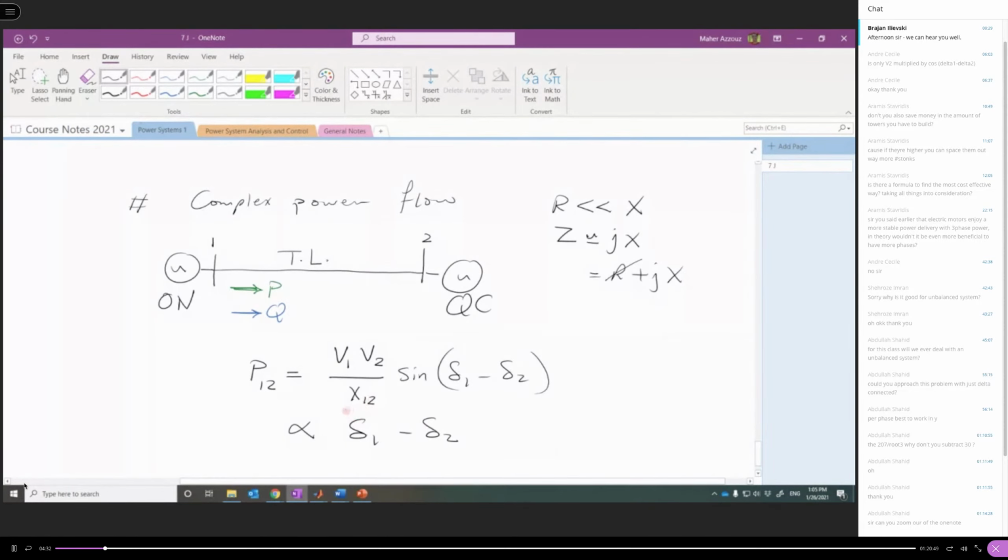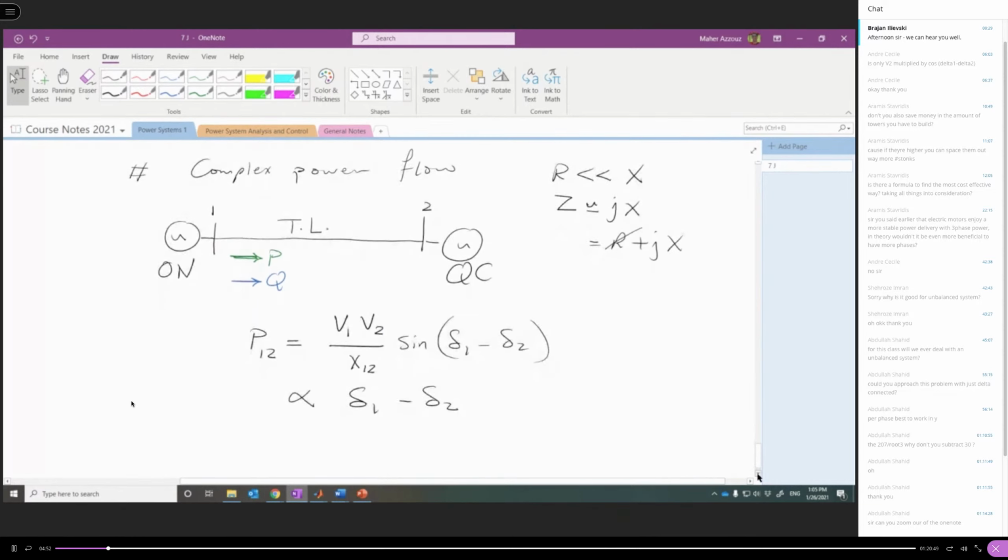If we want to buy power from Quebec, or purchase power from Quebec, then we have to do it the opposite way. We have to increase delta 2 as opposed to delta 1. This is for the active power flow.